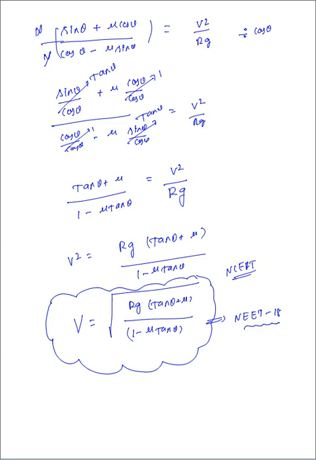Now if only friction is there, let me change the slide. What we are going to discuss is only friction. If only friction is there, it means mu is there, but theta should be equal to 0.